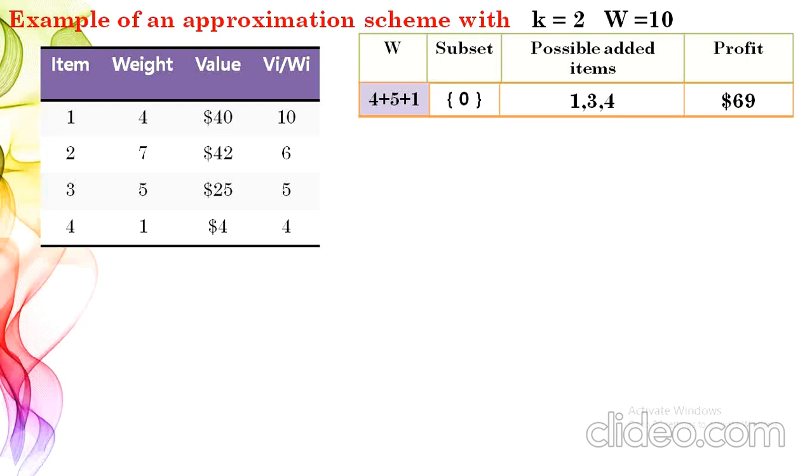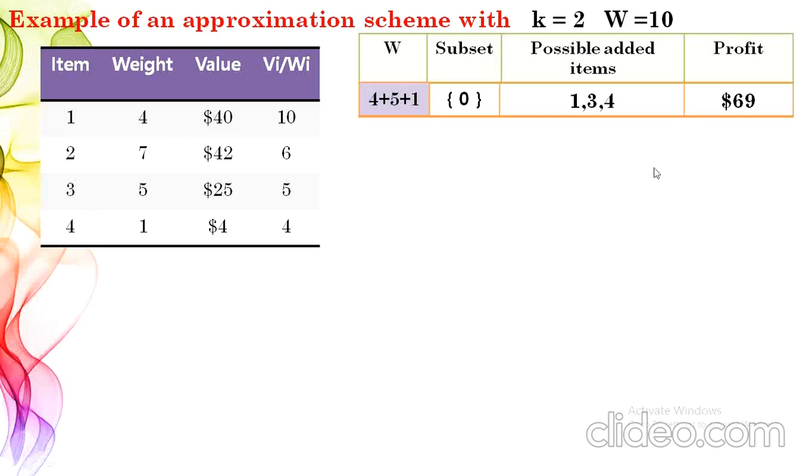Imagine our knapsack is empty. What are the possible items that can be added? My knapsack capacity is 10, so I can add item 1 because the weight is 4. I cannot add item 2 because the weight is 7, it will exceed the maximum capacity.